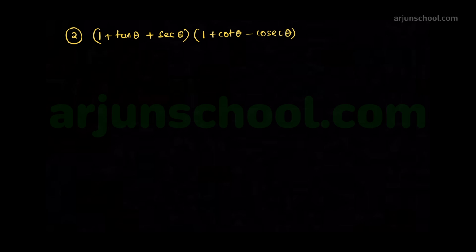Second problem. 1 plus tan theta plus secant theta of 1 plus cot theta minus cosecant theta.